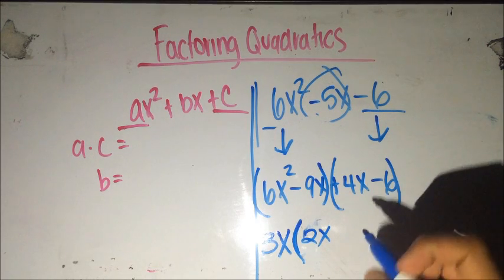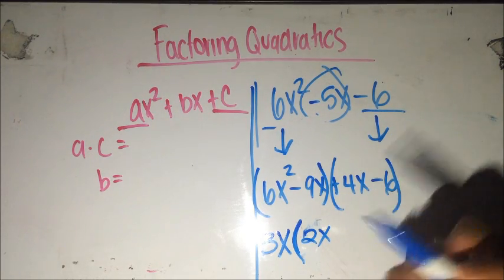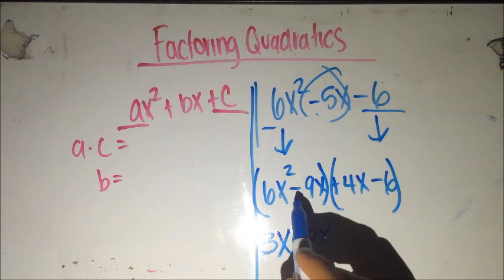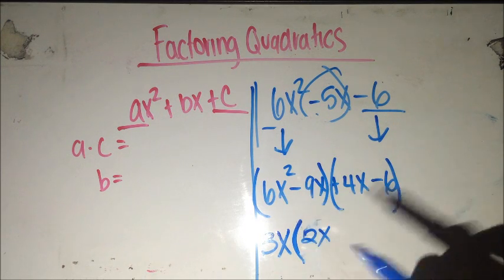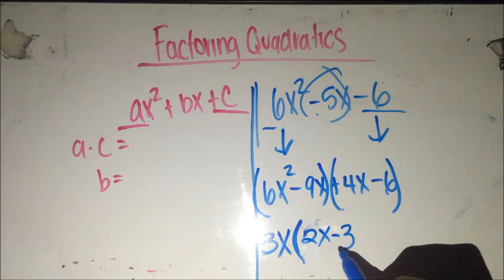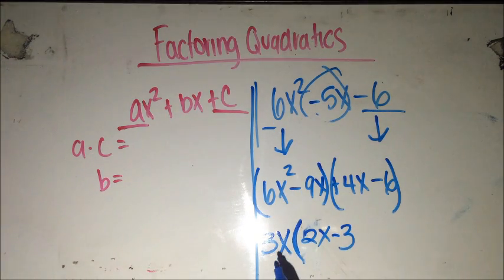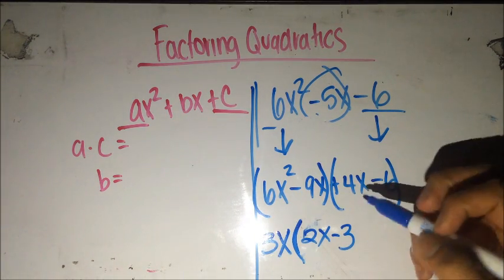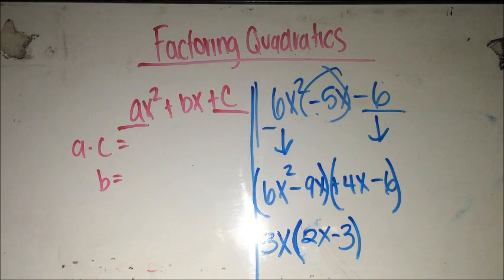Now what we're doing here is simplifying. Now remember that there's a negative 9x, so we put the minus 3, and since we already have an x on the outside, we don't need to put any other x here, so we close it.